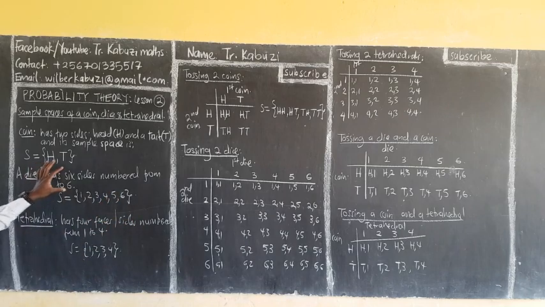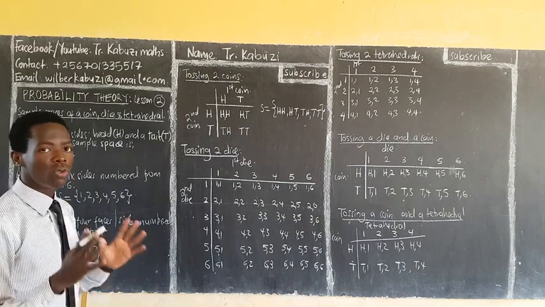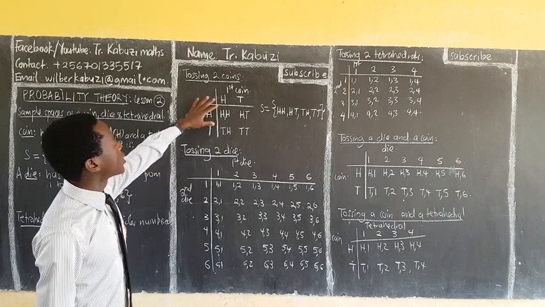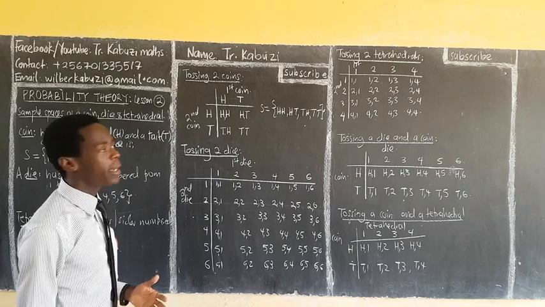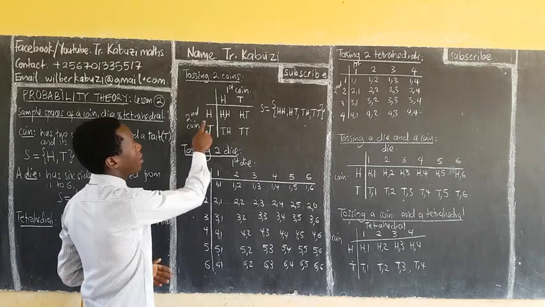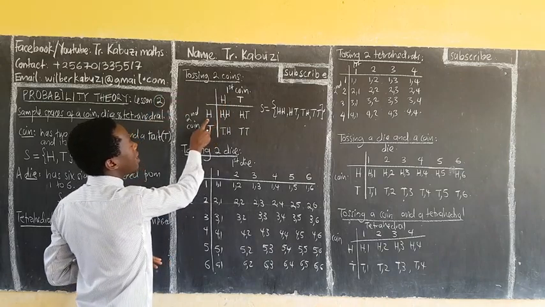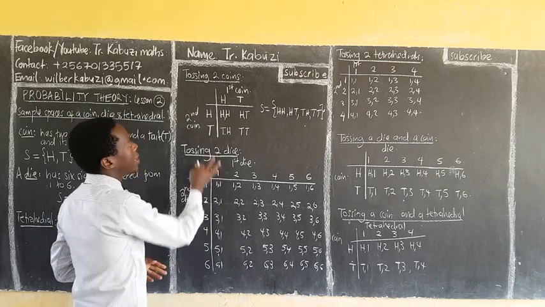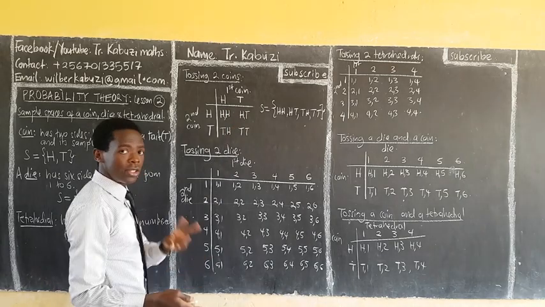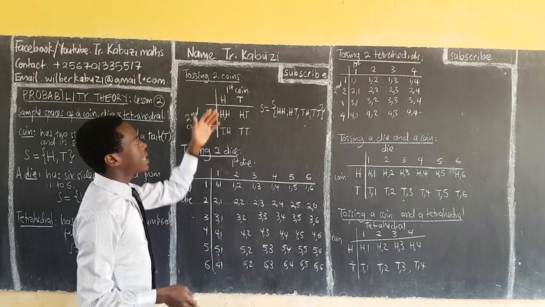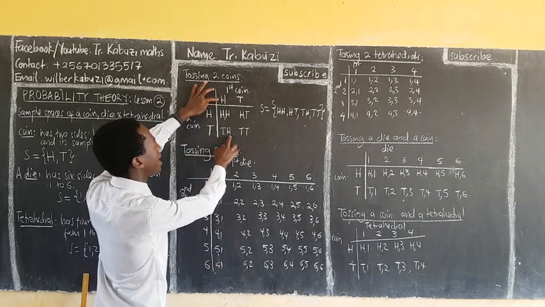Now when we come to tossing 2 coins, how do we write the sample space? The first coin is up, then the second coin is down. When I throw them, the first coin can produce a head, and the second also produces a head. Or the second can produce a tail while the first produces a head.